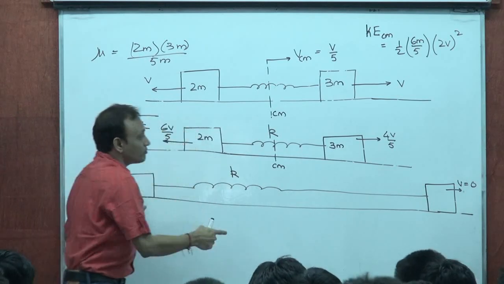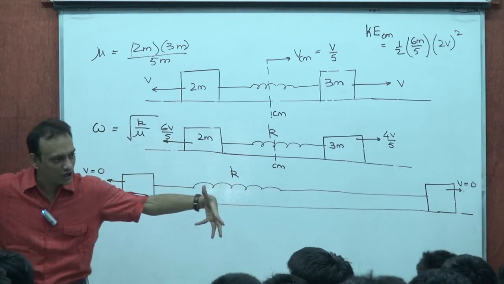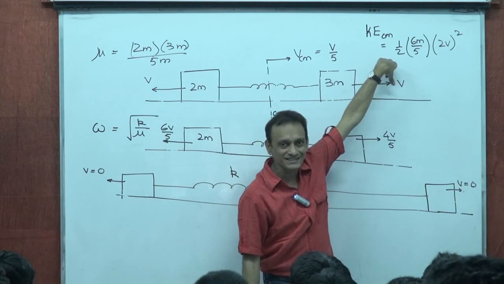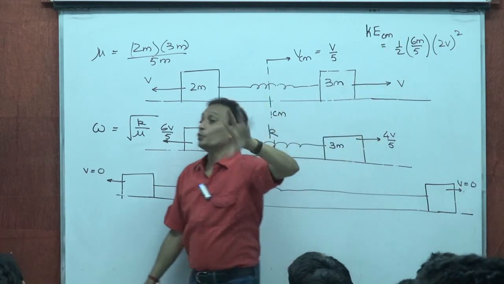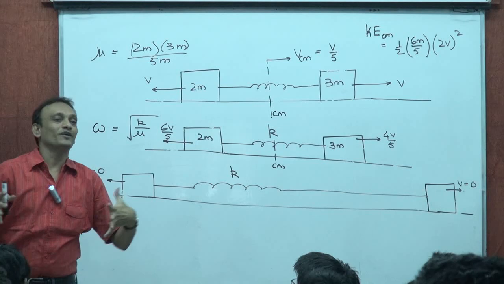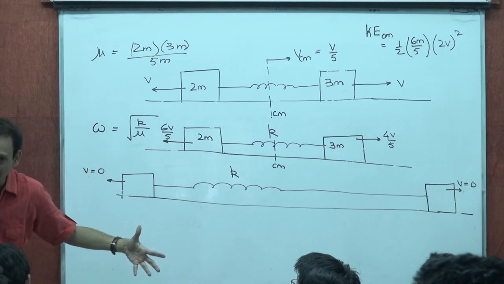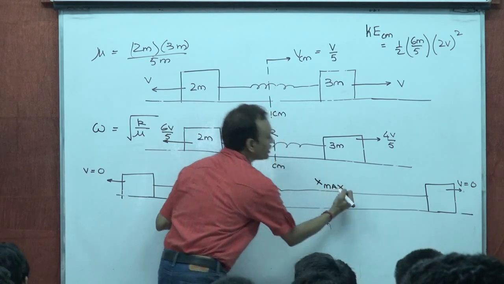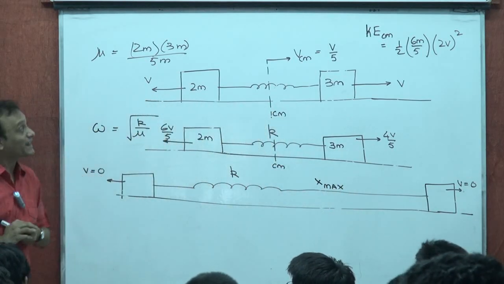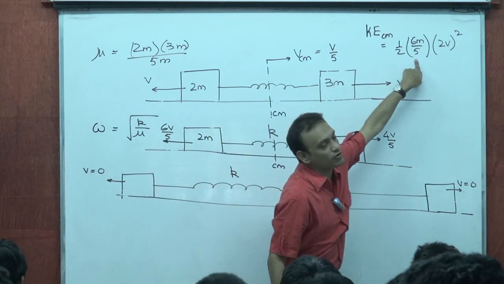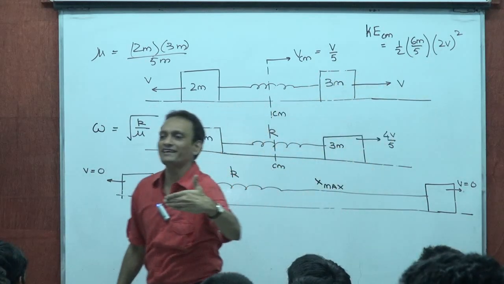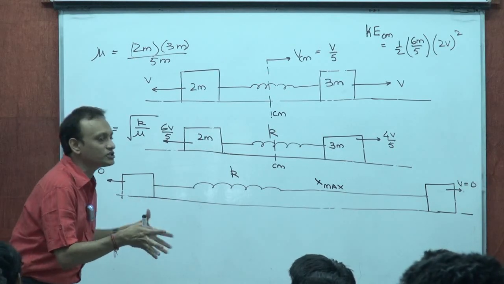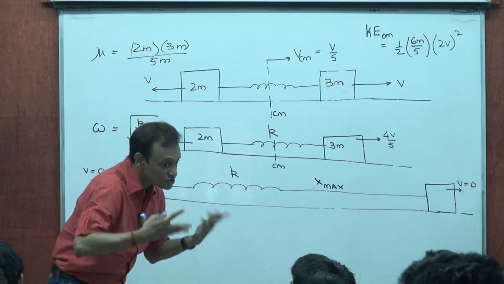This becomes 0. In a state of maximum elongation, this becomes 0. So change in kinetic energy is minus of this, right? Where does it go? It goes towards potential energy of the system, which means if x max is the maximum elongation brought about, then this amount of change of kinetic energy reflects as change of elastic potential energy in the spring, applying work energy theorem with respect to the center of mass.